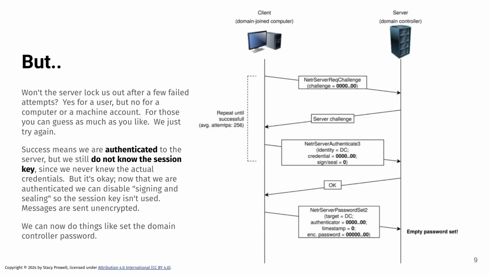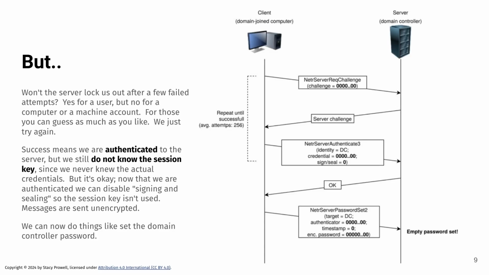an authentication, but only when I can get all zeros. When I get the zeros, at that point, I've gotten an authentication. So, at that point, I'm authenticated to the domain controller, but I don't necessarily still know what the key is. How would I know, right? I don't know.